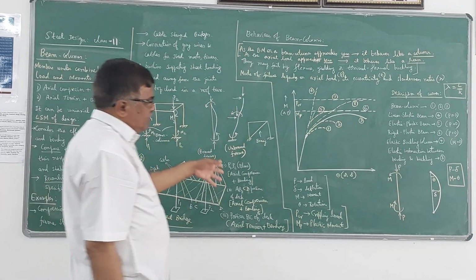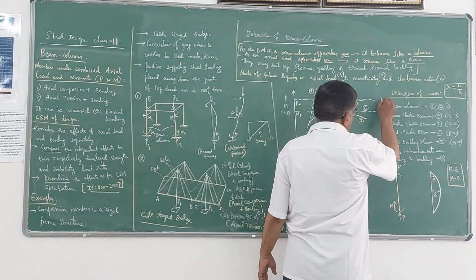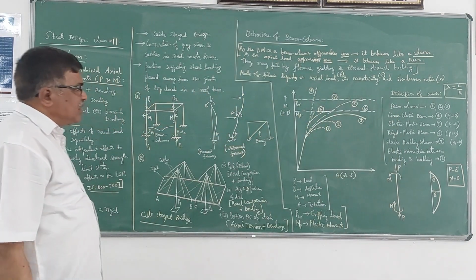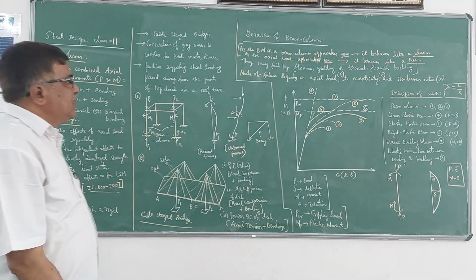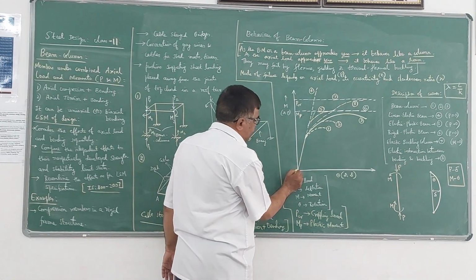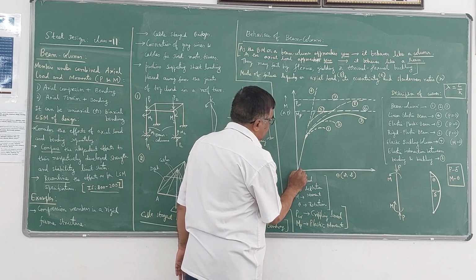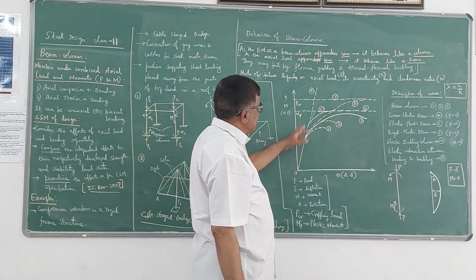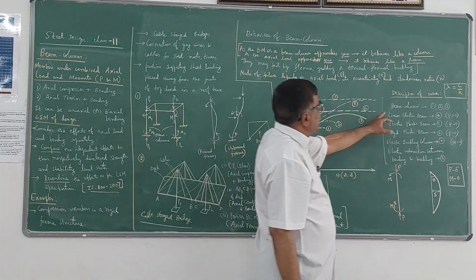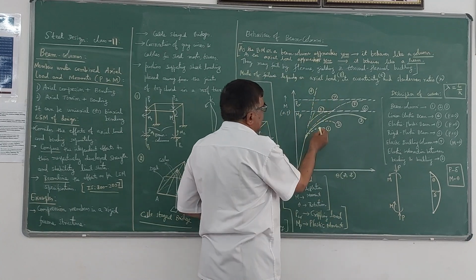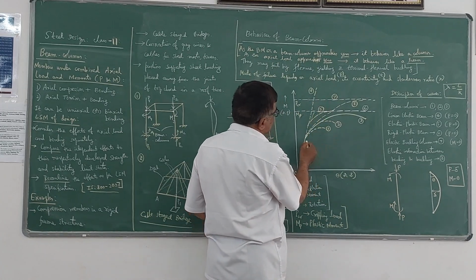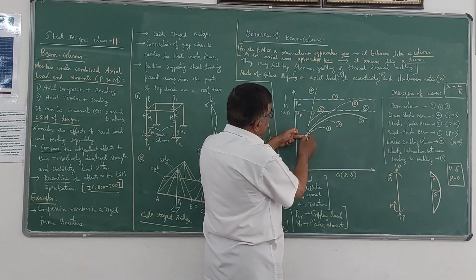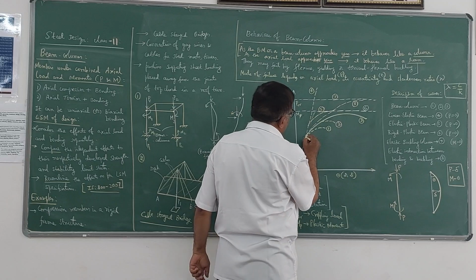Now if you observe the graph of M versus theta or P versus delta for different cases, there are 8 cases here. If the graph starts from the origin and is a straight line, linear, up to a point, and then it is extended, it may take a shape like this.